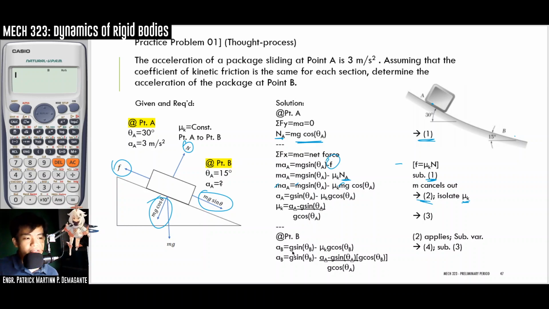AB is equal to G sin theta B minus mu K G cosine theta B. This is equation 4. Substitute mo si mu K. Ito yon. This one, magiging ito siya. Then, substitute na lang yung values, yung mga constants natin. Then, you're good to go.